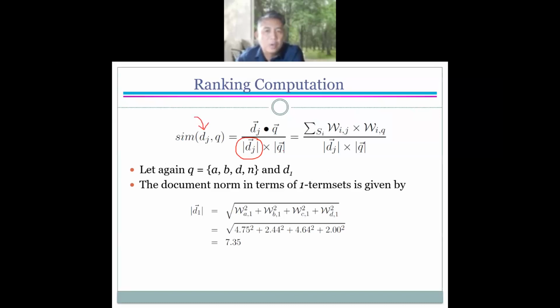So when we compute and compare, we do not have to compute for this because they are constant. This one will change throughout your calculation because you want to compute D1, D2, D3, and D4. We have 4 documents.